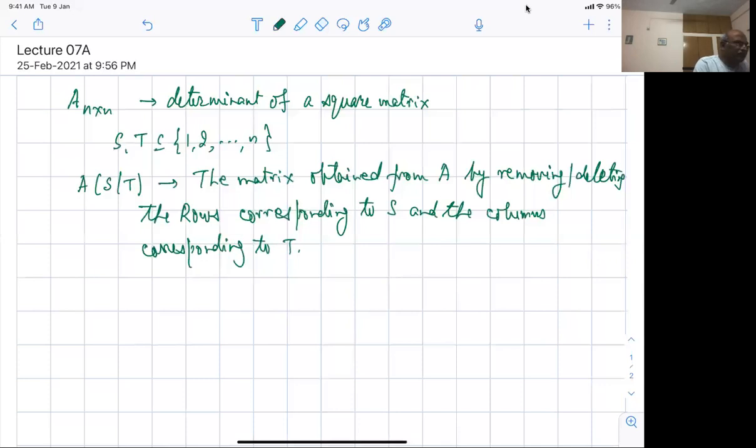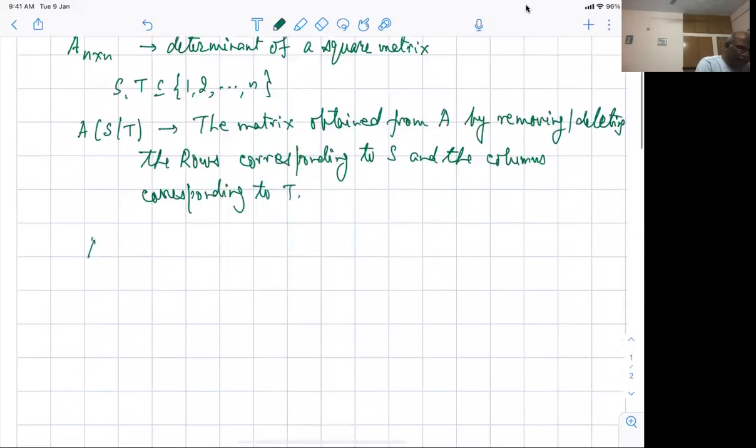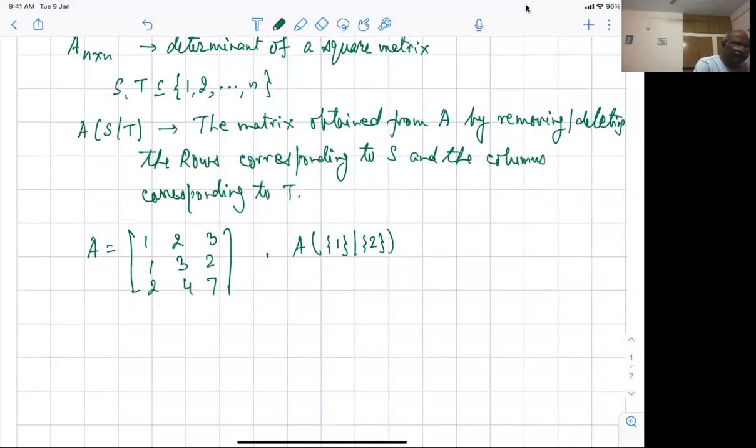Let's try to understand this by an example. A is 1, 2, 3, 1, 3, 2, 2, 4, 7. Then I have this A of 1, comma 2. This is the way to write it because we are looking at S and T as sets.